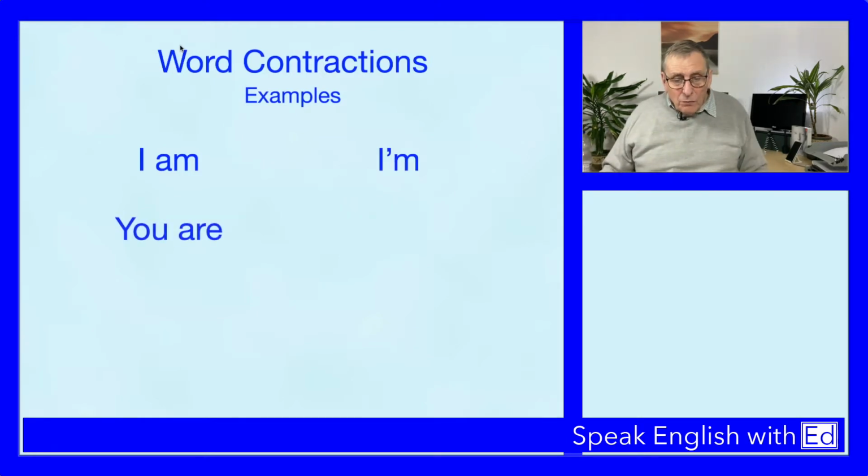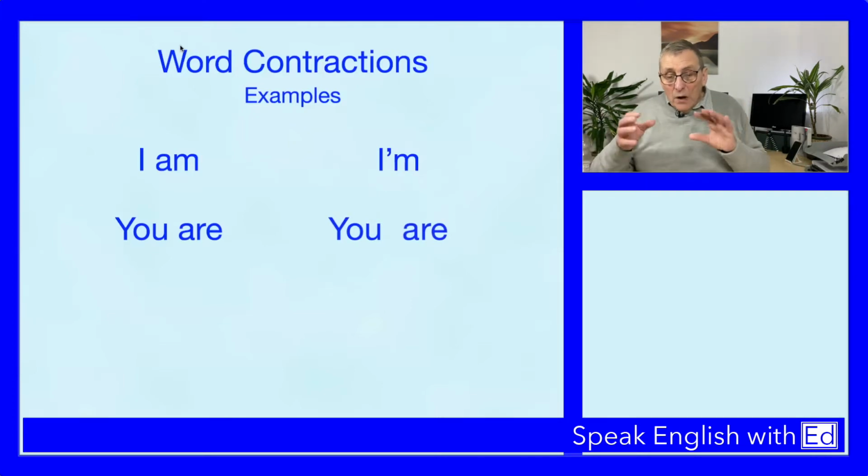We'll have a look at another one, and the next one is you are. Now this, when it's contracted, becomes you're. So how do we get it? We've got the two words, you are.